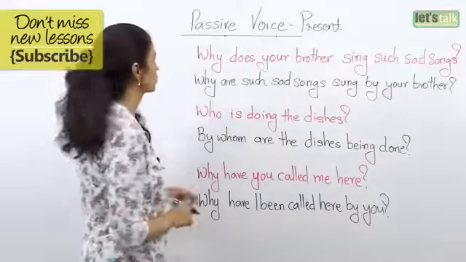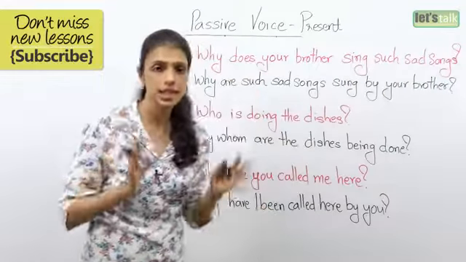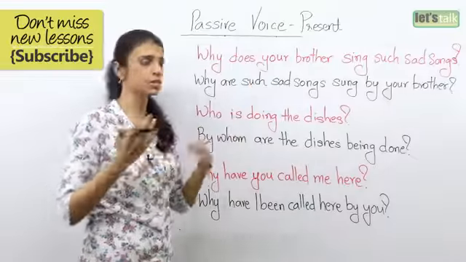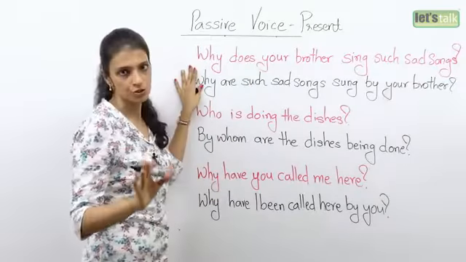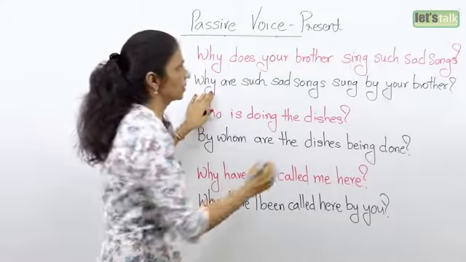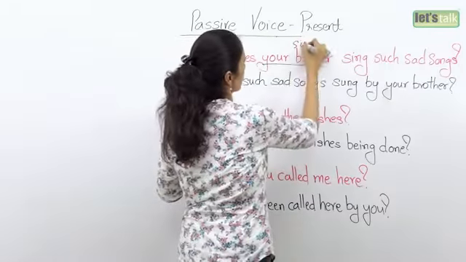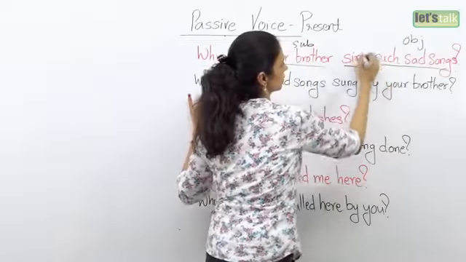Okay, so the first question, why does your brother sing such sad songs? We're going to do the same things, object, subject, subject, object, but remember, please keep it as a question. Don't try answering it. Okay, so why? Now, your brother is the subject, such sad songs are the object, and sing is the verb.